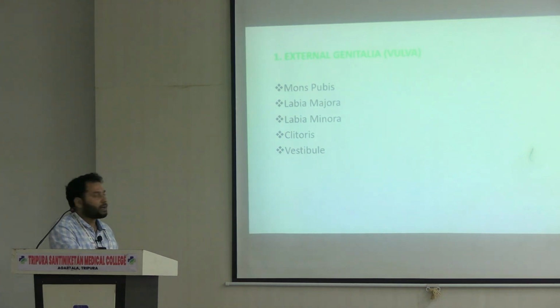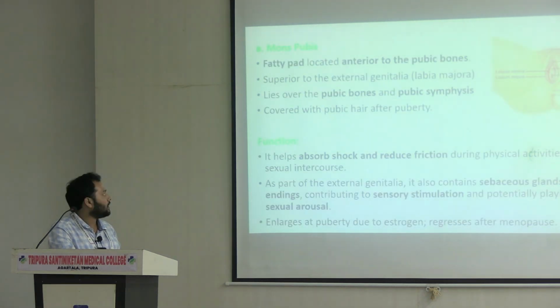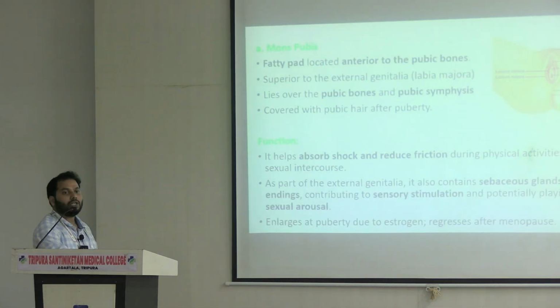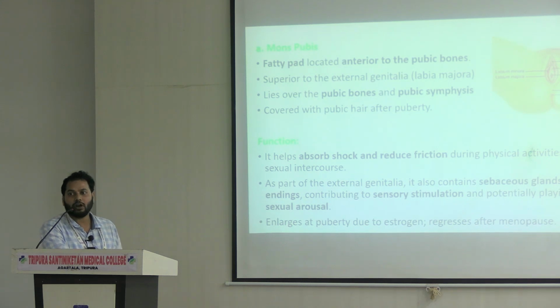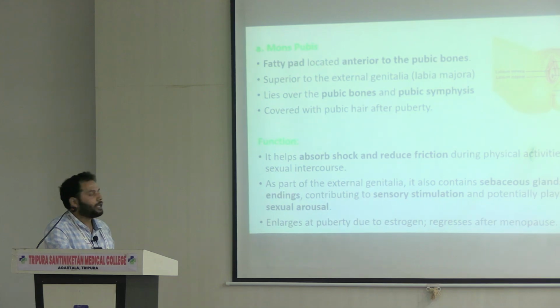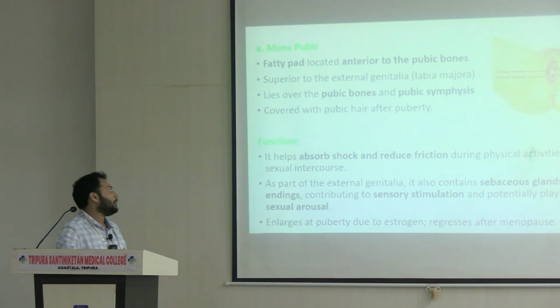Let's start with the first part, that is the Mons Pubis, which is a part of the female external genitalia. You can see the most important characteristic of this Mons Pubis is that it is a fatty pad, right? And that fatty pad is located anterior to the pubic bones. You can see from the diagram, this is the Mons Pubis.